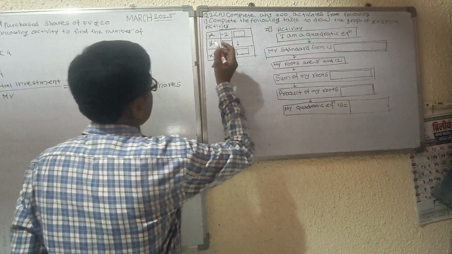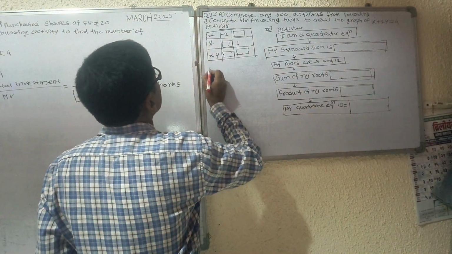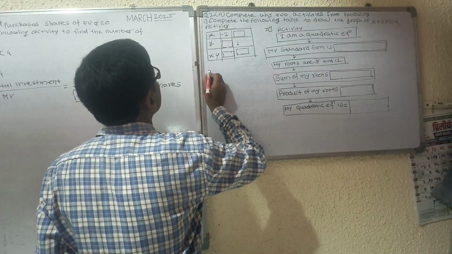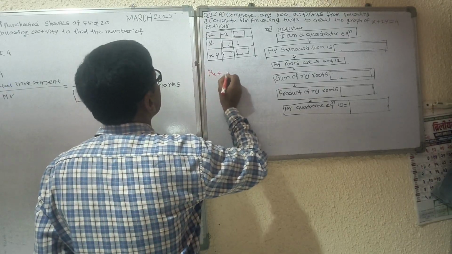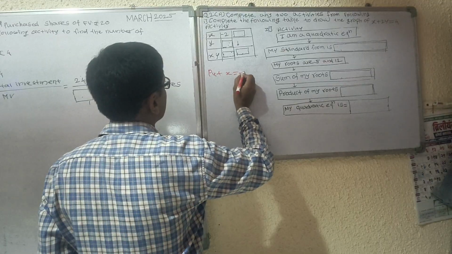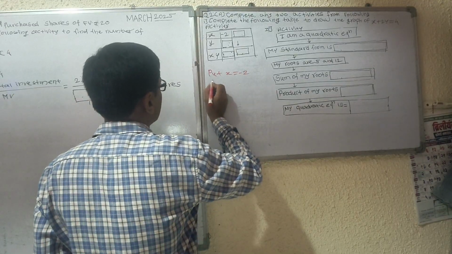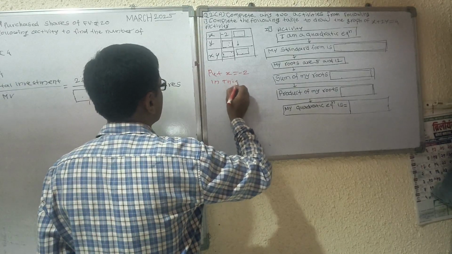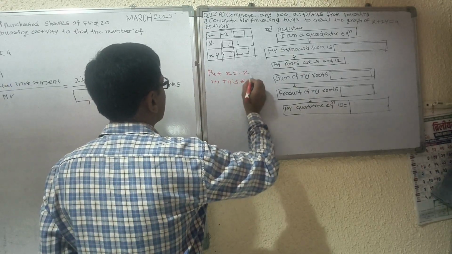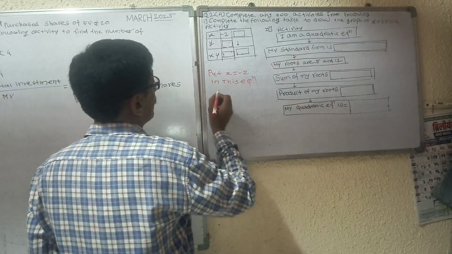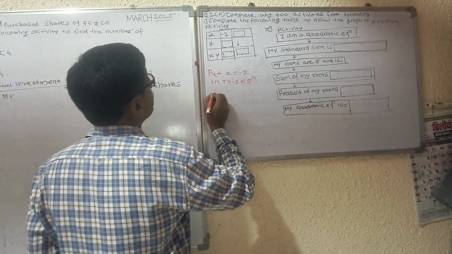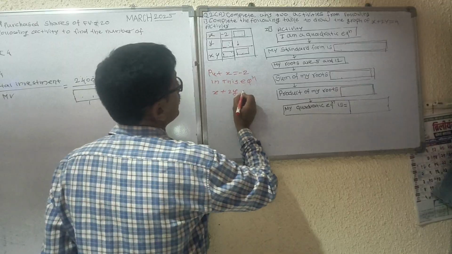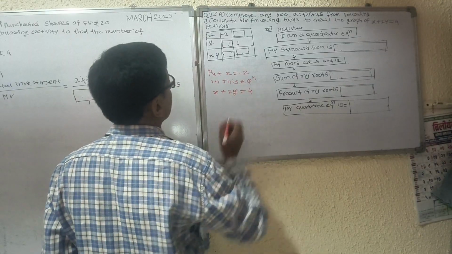Now put x is equal to minus 2 in this equation. We take the equation x plus 2y is equal to 4.